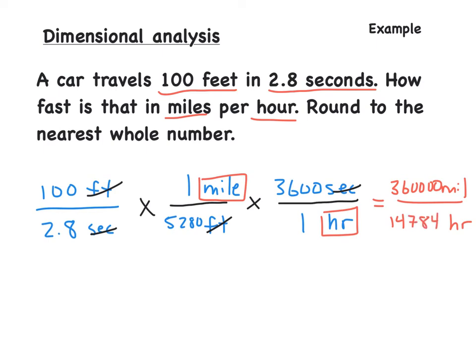If we round to the nearest whole number, 360,000 divided by 14,784 is equal to about 24 miles per 1 hour. So 24 miles per hour.